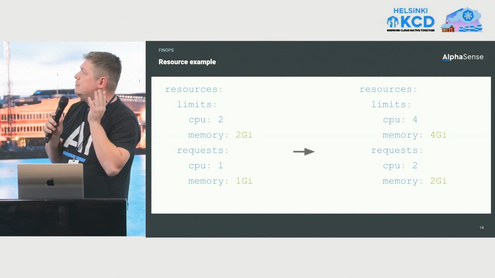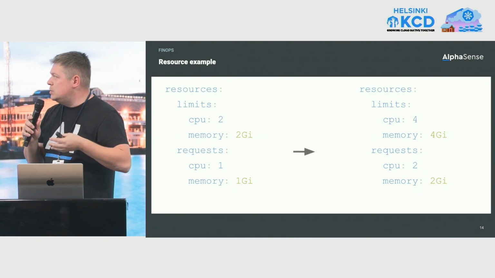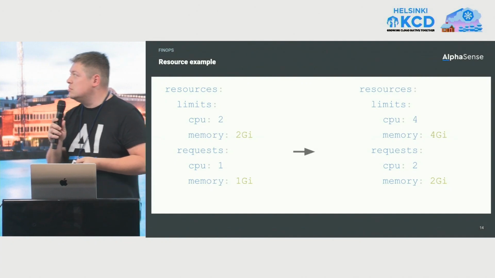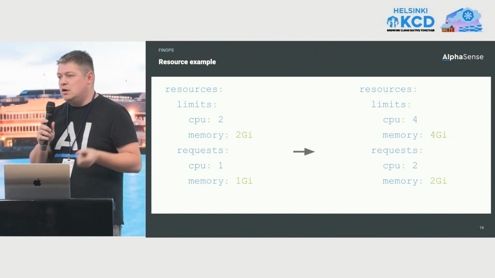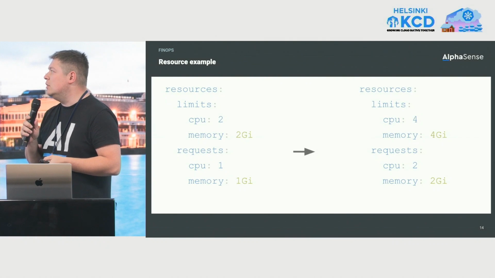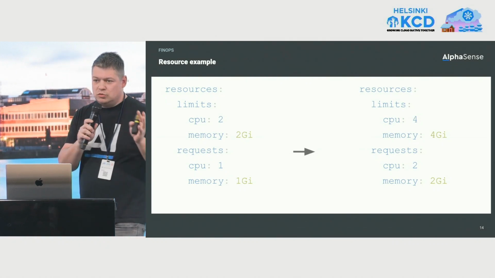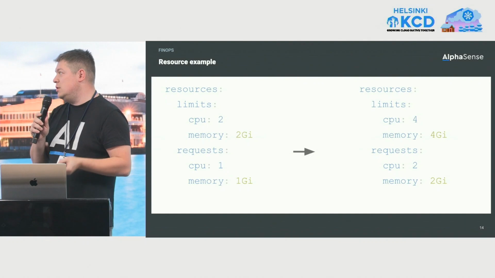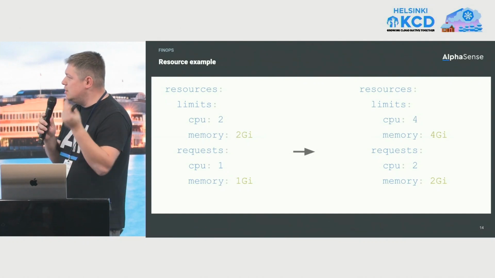Some developers develop their Helm chart for their application, and if they see an OOM killed event, they literally just do a multiplication of their CPU and memory usage, like from 2 to 4 and whatever.